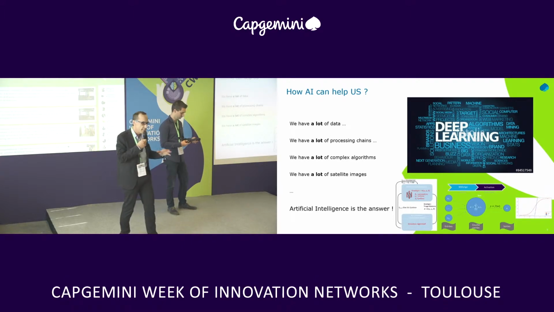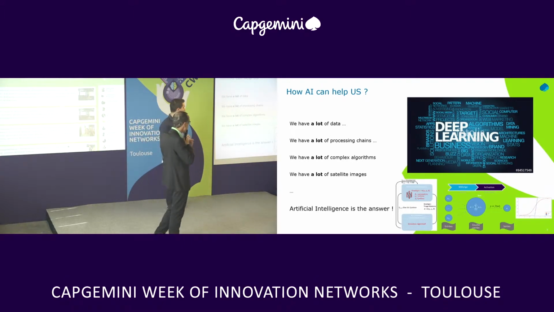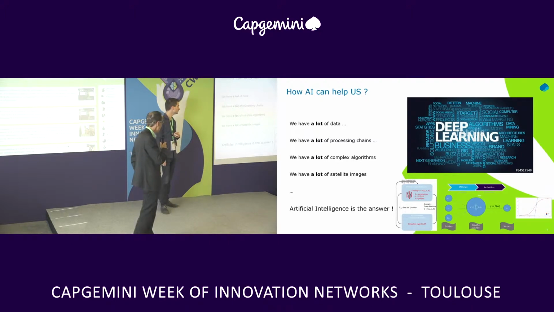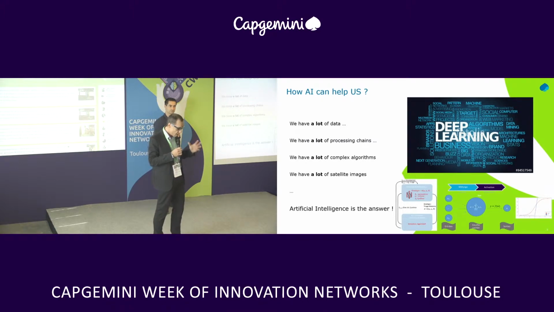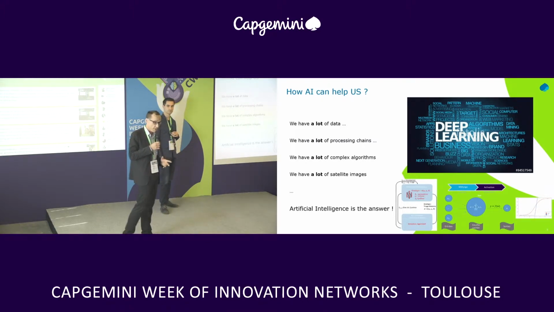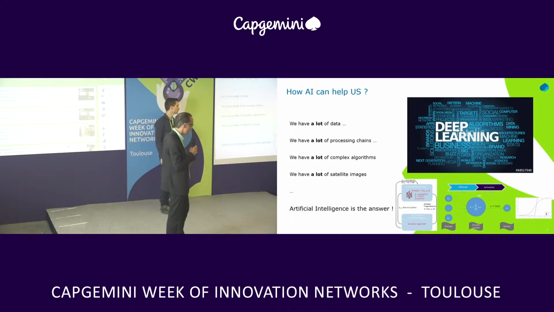So there are a lot of images. If we take the processes of Sentinel-1 and 2, they have to cover all the Earth. Actually, they do cover all the Earth's surface in 5 days with pictures of 100 kilometers by 100 kilometers. So you know they have a lot of data.